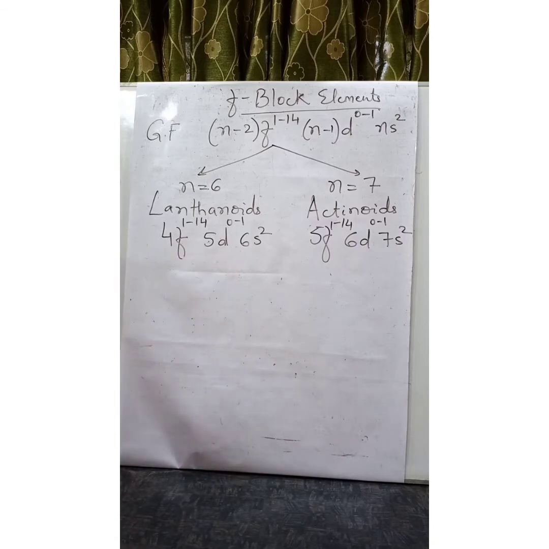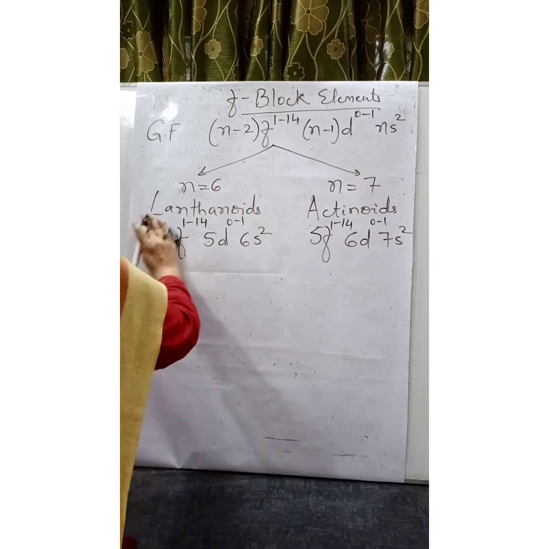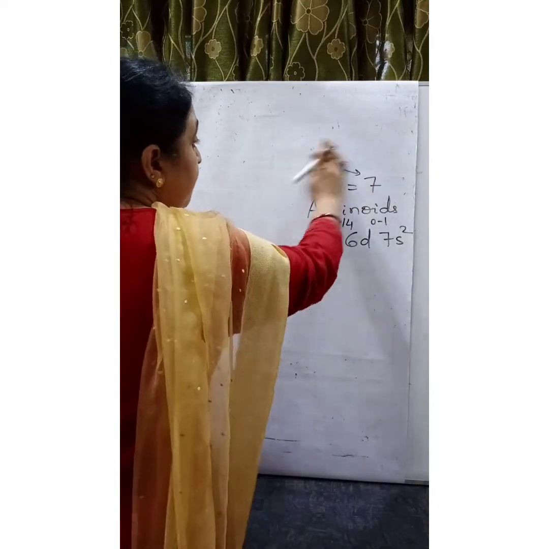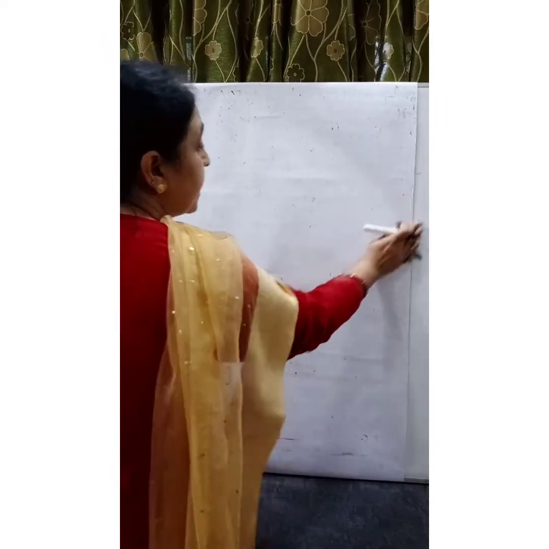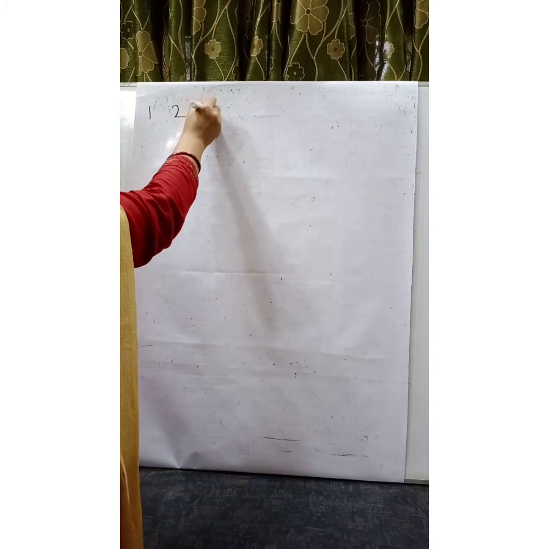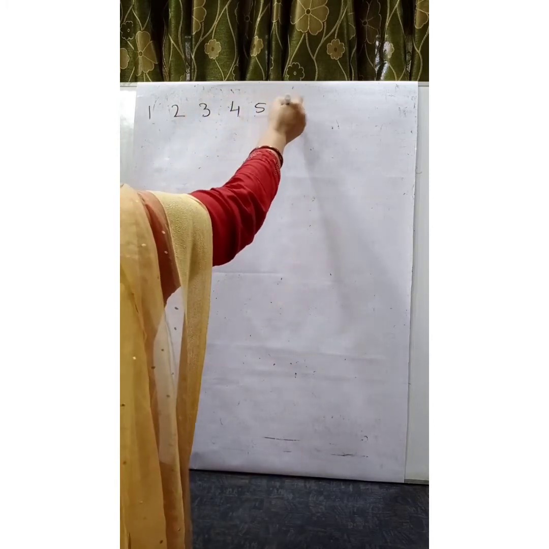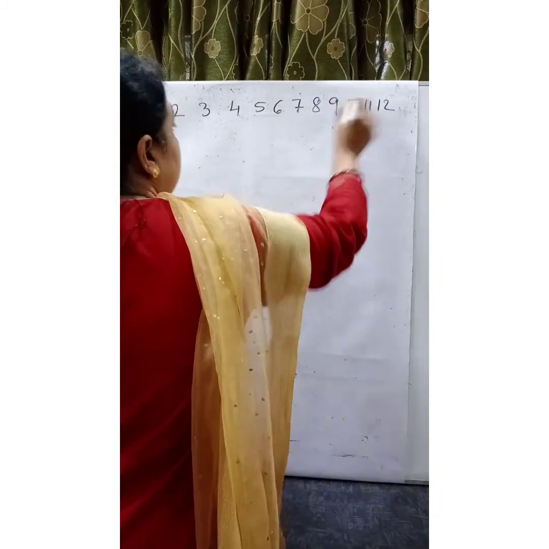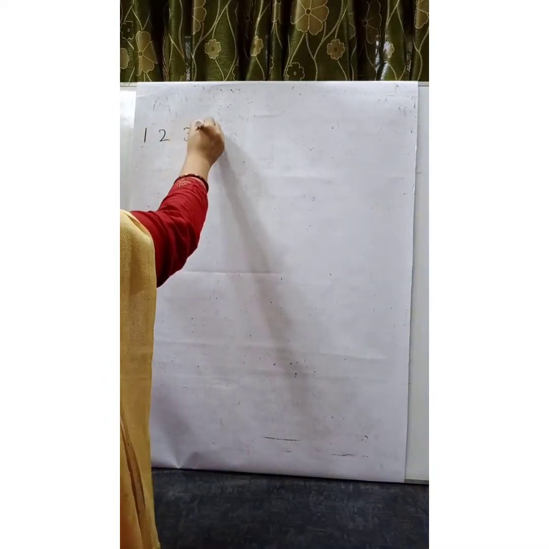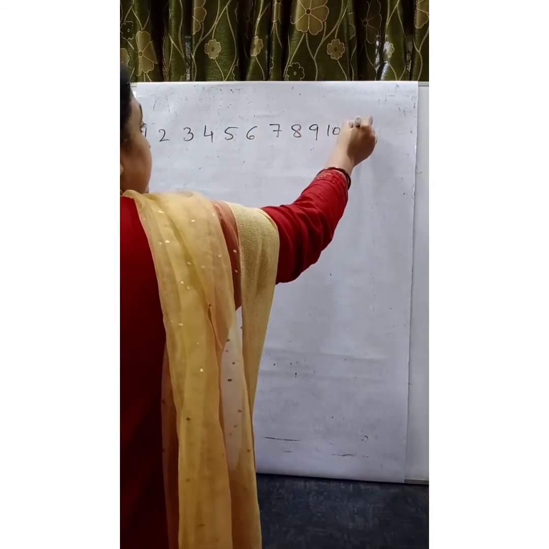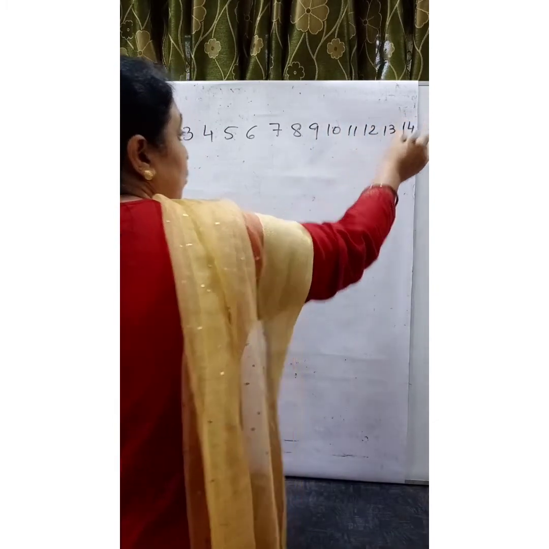For this purpose, we can work out a trick. You know that the f orbital can occupy 14 electrons. So I am putting the numbers 1, 2, 3, 4, 5, 6, 7, 8, 9, 10, 11, 12, 13 and 14.